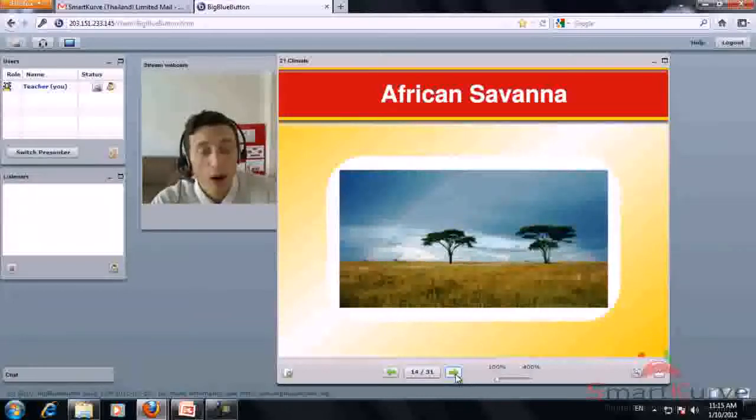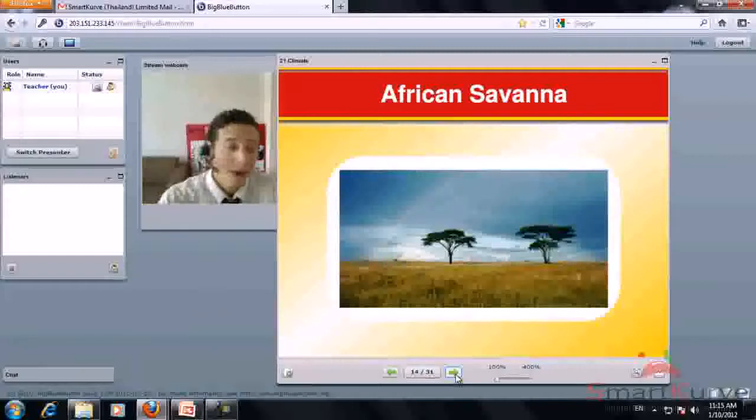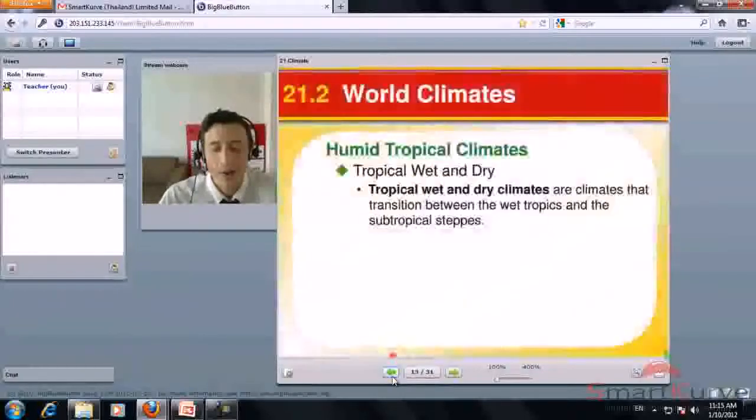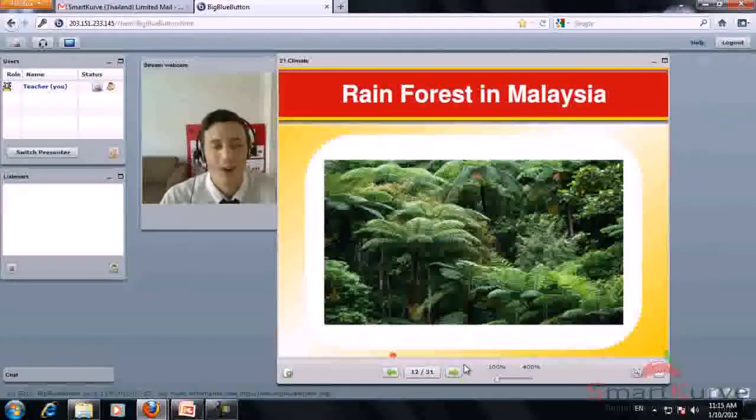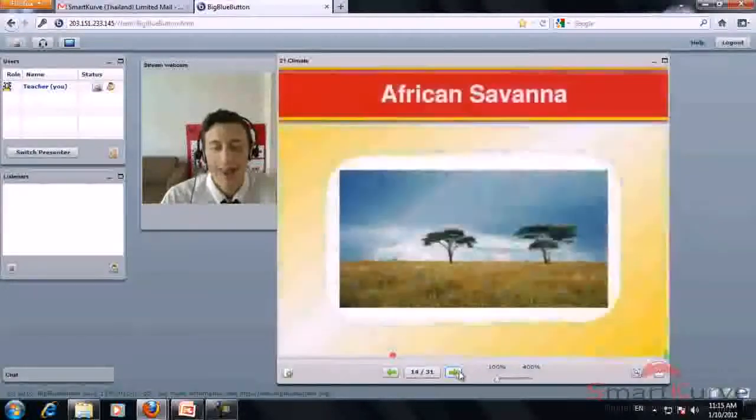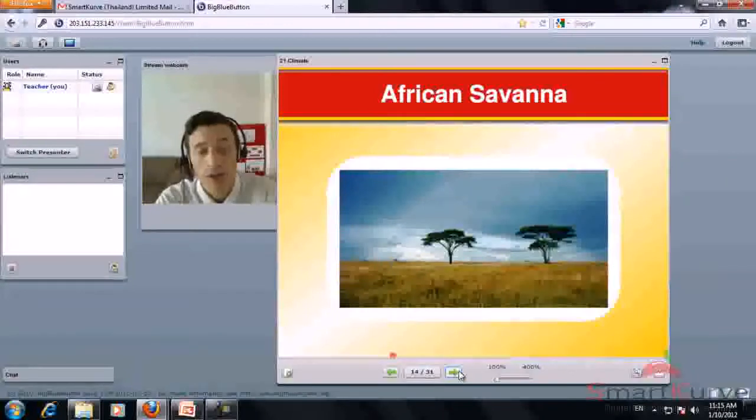Now, both of these, the African savanna or the Malaysian rainforest, could both be very close to the equator. And in fact, both probably are very close to the equator. But it's hard to imagine two places on Earth more different than that rainforest on slide 12 and that savanna on slide 14. That's the difference between tropical wet and tropical dry.